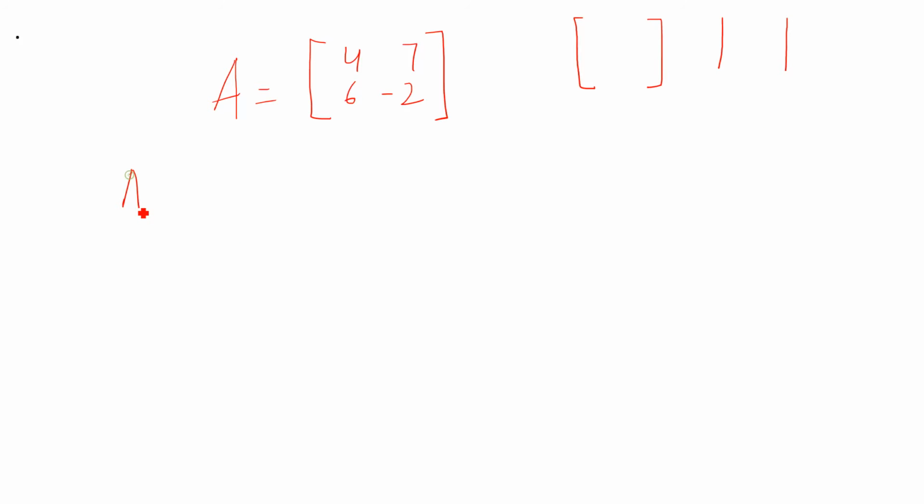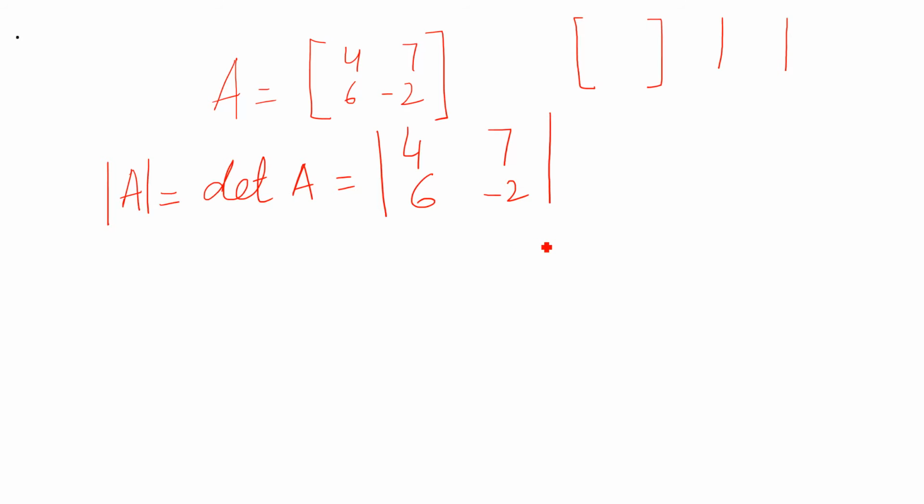So how we write this is called the determinant of A equal to, or we write determinant of A. The same elements we will write down in these two straight lines. So how to take it? First you have to multiply these two entries, 4 multiplied by -2, right?